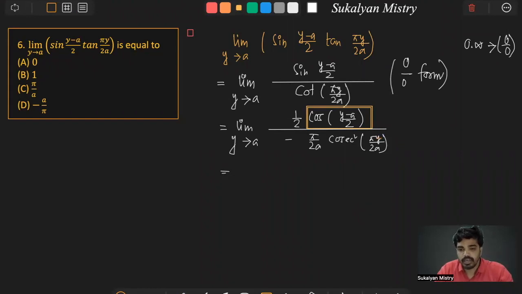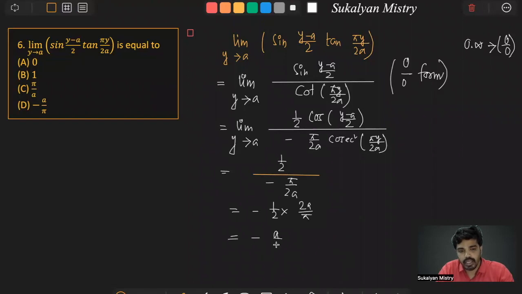So ultimately we get 1/2 divided by minus pi by 2a, that is 1/2 into 2a by pi, so 2 cancels out, that is minus a by pi. Okay, so which option is correct? Option D is the correct answer. Clear?